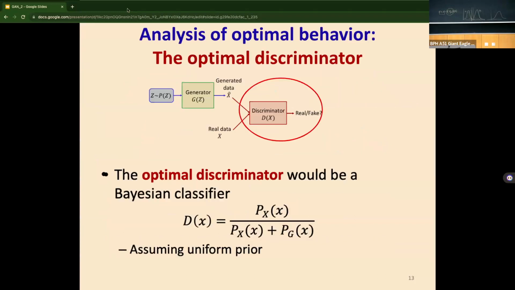So then we looked at, well, how can I find the optimal discriminator and optimal generator? We wanted to do this because while training, you ultimately want to find the optimal solution to your problem. And so we said when you have two different distributions like that, the discriminator would essentially find a decision boundary, and it would be p_x divided by p_x plus p_g. And this is the optimal discriminator.